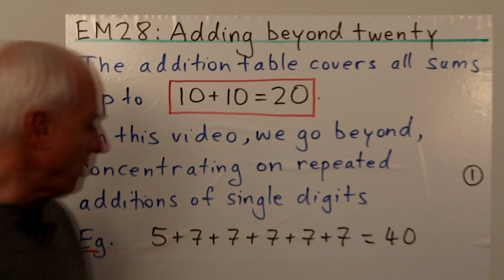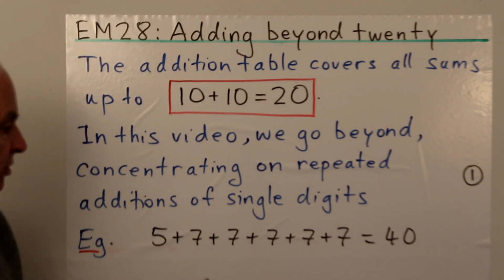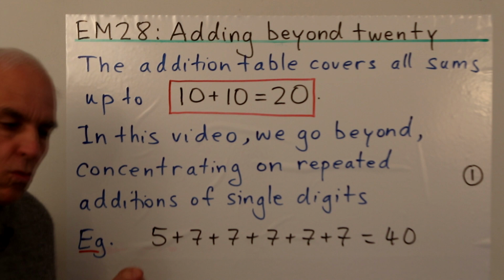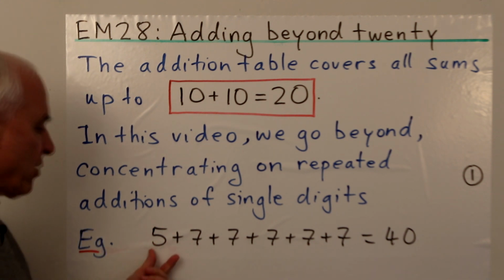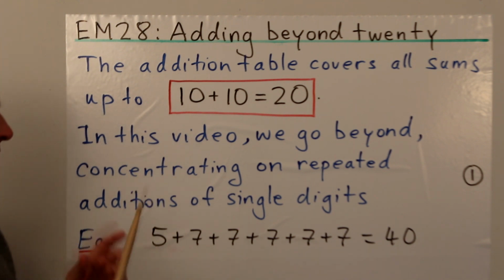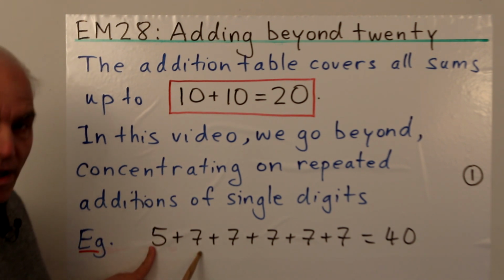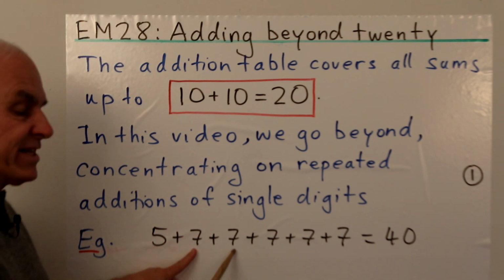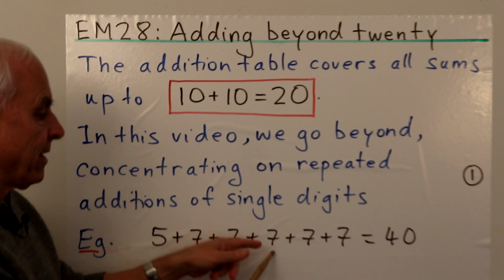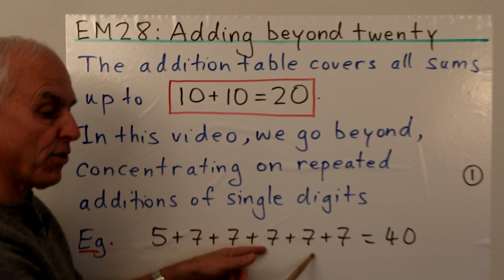And ultimately what I want young people to be able to do is the following. To say, okay, the way we approach this is we work from the left to the right sequentially. I'll show you what we're aiming towards, and then we'll talk about it step by step later. Okay, so 5 plus 7 is 12. Plus 7 is 19. Plus 7 is 26. Plus another 7 is 33.